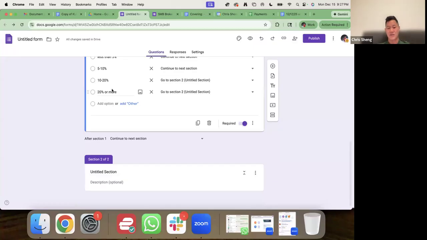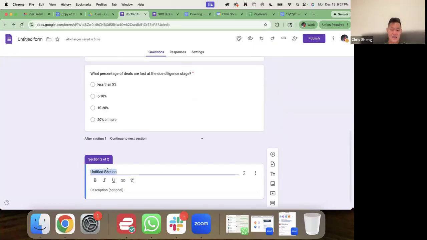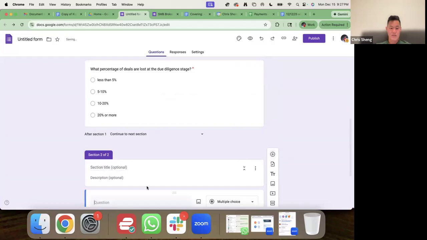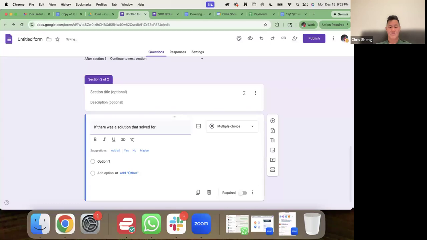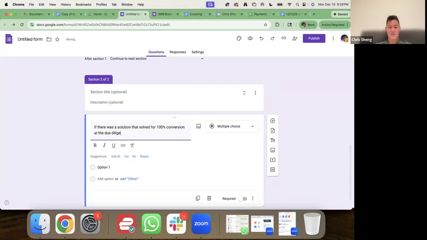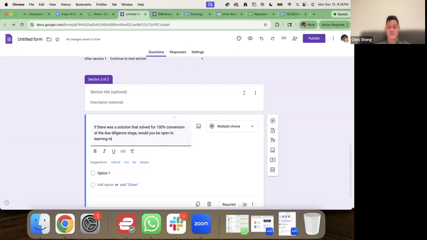If we're assuming 10% or more is an issue, right? So then we're going to say... I can just leave this blank, but what I would do here is, if there was a solution that solved for 100% conversion at the due diligence stage, would you be open to learning more?